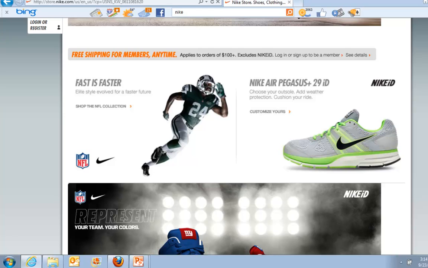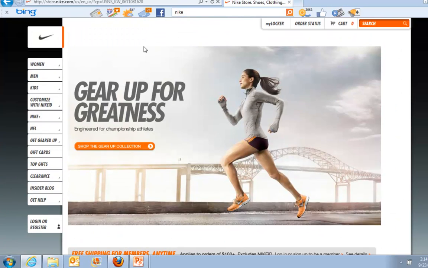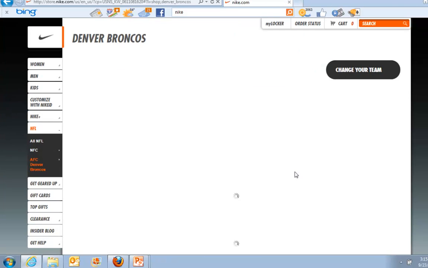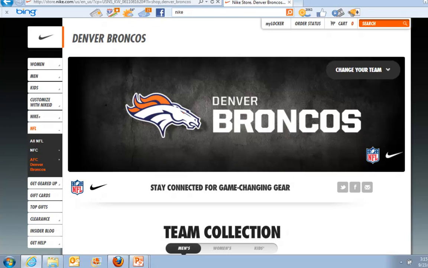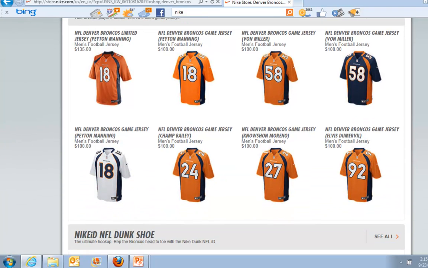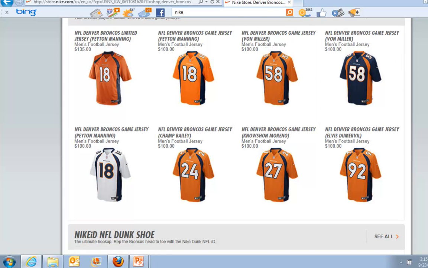And if you look, see how they group information together. So let's go look at NFL, let's look at AFC. Let's go to the Denver Broncos. Alright, so notice how they group. They have the white space to separate the difference between jerseys.